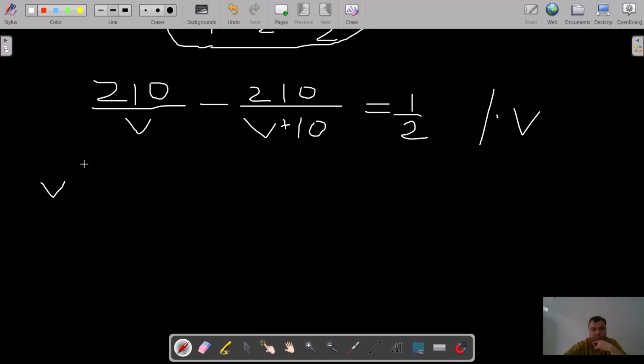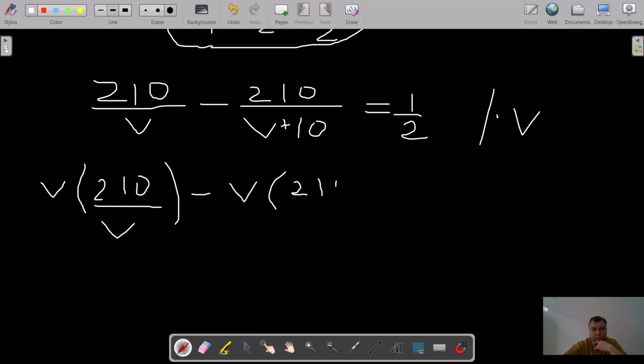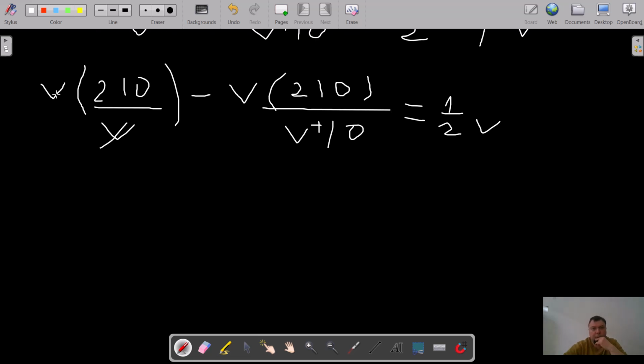v times 210 over v minus v times 210 divided by v plus 10 equals a half of v. Then this one will simplify.